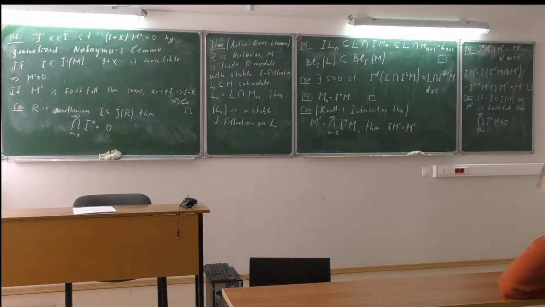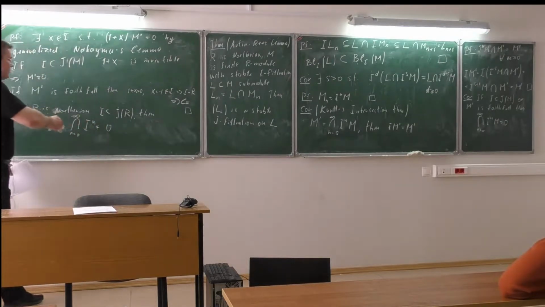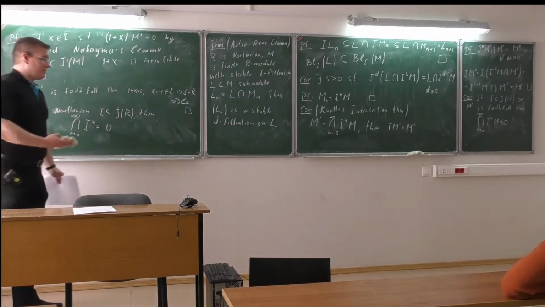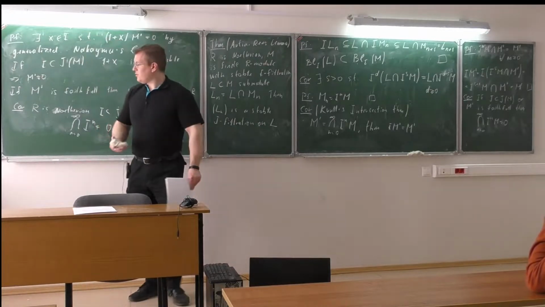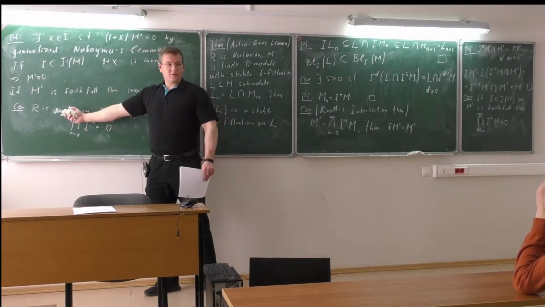Of course, everything is Noetherian here, but I just want to emphasize that this is for Noetherian rings. So maybe as an exercise, you can come up with an example of a ring which is not Noetherian and an ideal in the Jacobson radical such that the intersection is not 0. Or try to find a counterexample to the statement for a non-Noetherian ring.